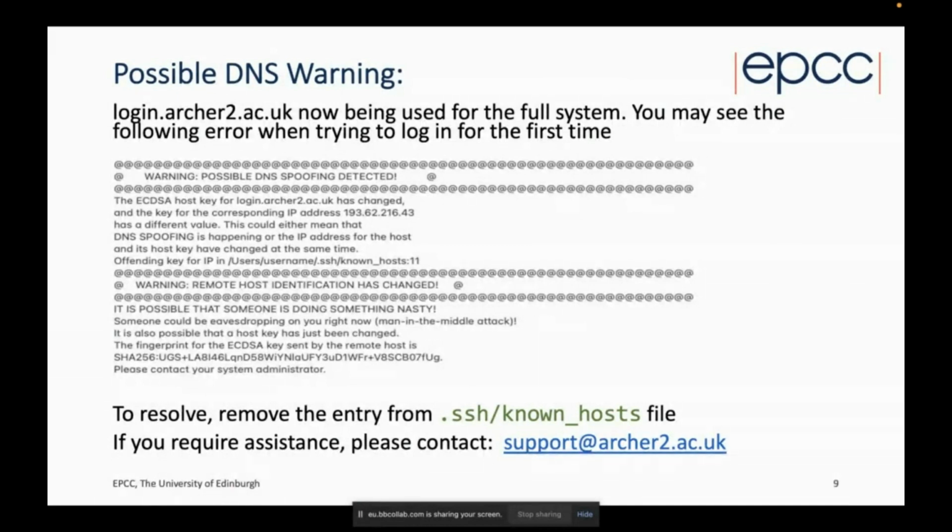If you do see that, don't be alarmed. You can go in and remove the entry yourself from your .ssh/known_hosts file. But if you've got any concerns about it, please do contact us at the service desk and we'll be able to advise. We'll put that up as a known issue in the documentation, so if you do see it, just be aware of how to quickly resolve that.